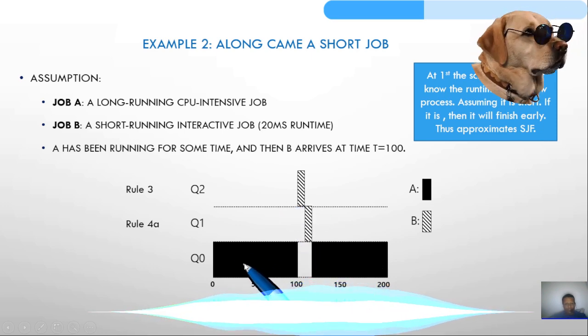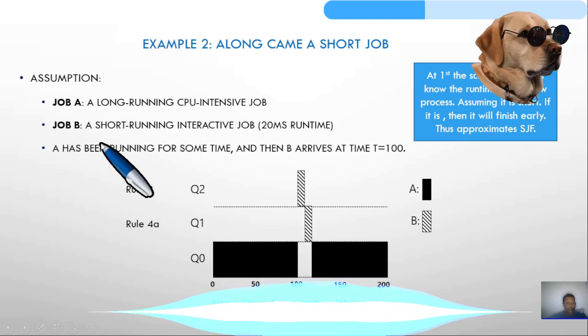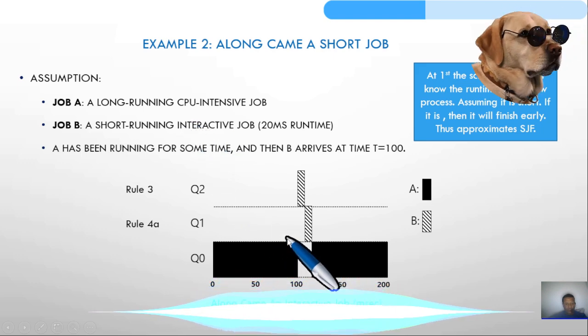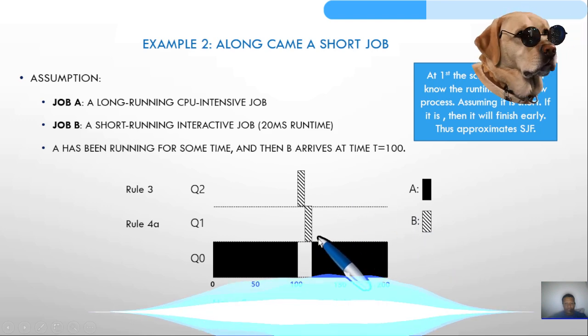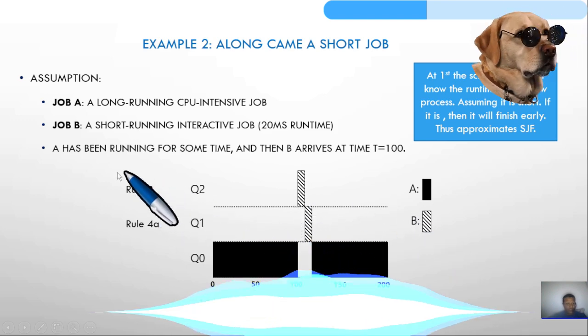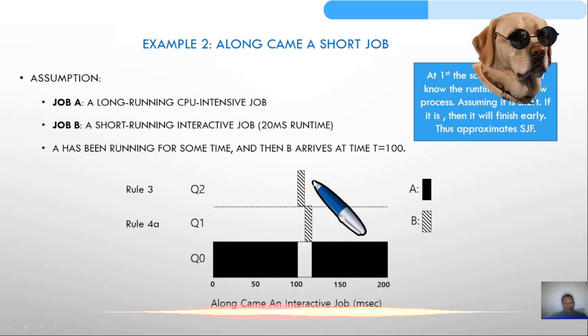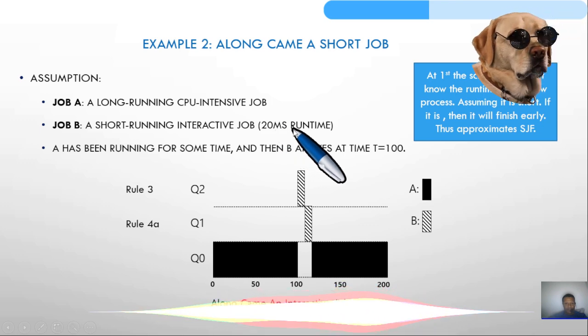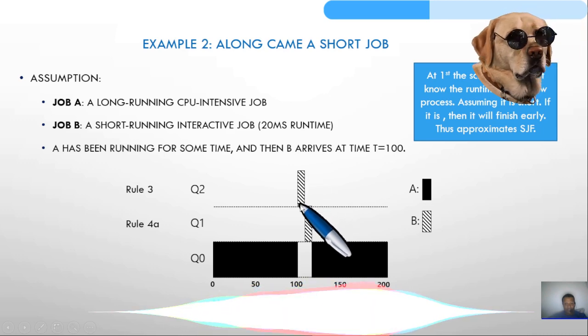As you can see, process A is already in the lower queue because it is a CPU intensive process. But once process B comes at 100, as per rule 3, it goes directly into the higher queue, because we have 3 queues here. Then what happens? It needs 20 milliseconds, but after 10 milliseconds this process doesn't finish.